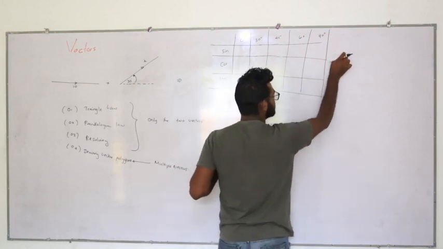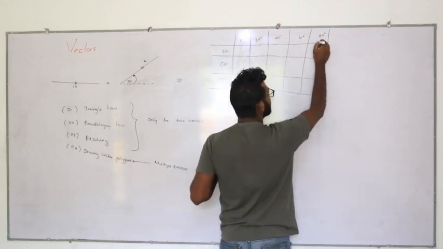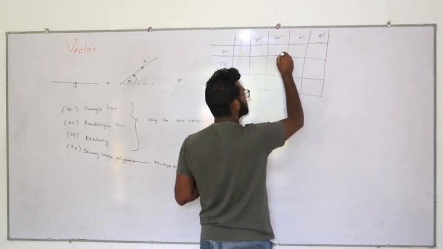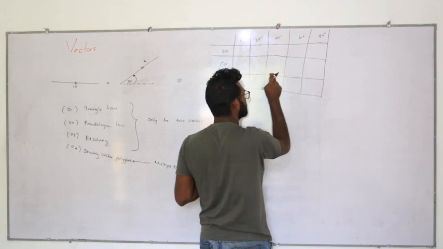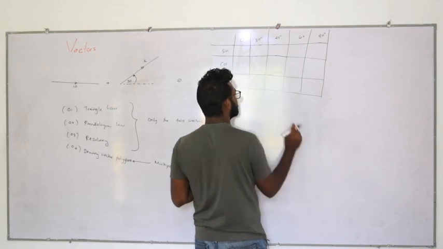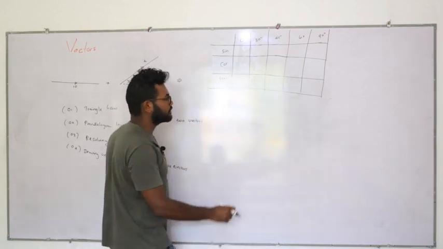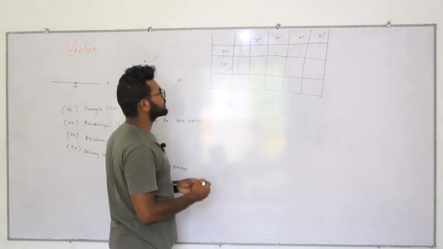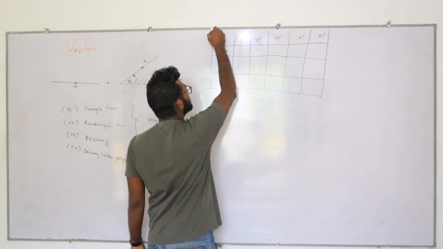The values of these for the sine, cos, and tan, you should remember not just for the physics, but for the maths as well, right? Okay, we'll just draw this table along with me.